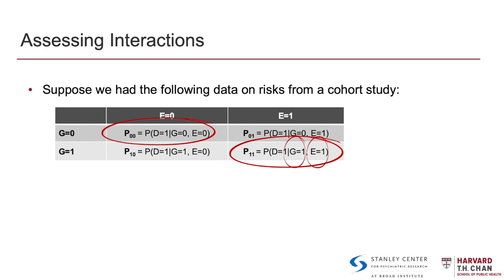And then we have the probability of having the disease in the presence of either of the risk factors. In the presence of a genetic risk factor, P10. In the presence of an environmental risk factor, P01.